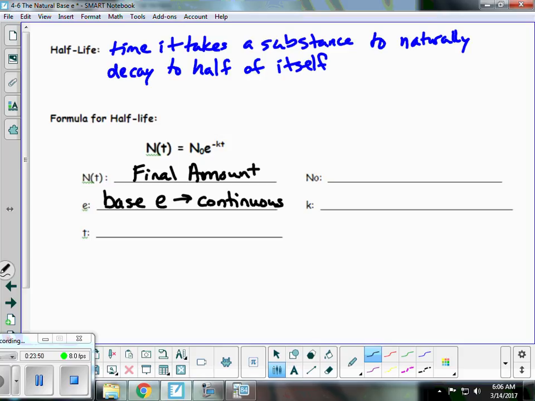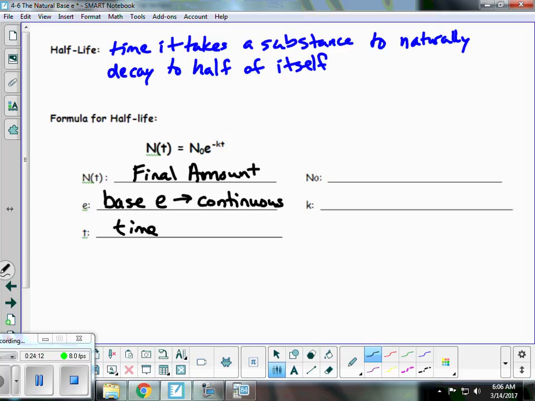Because this is half-life, it's always getting smaller, the amount of the substance. T is the time, and it can be in whatever units. Depends on how fast this stuff decays. If it decays really slowly, you might talk about years. If it decays really quickly, you could talk about minutes or days.